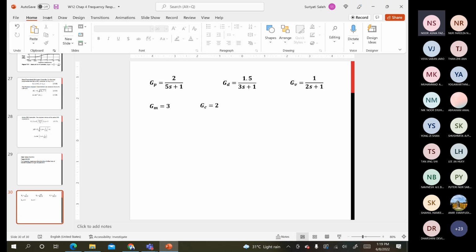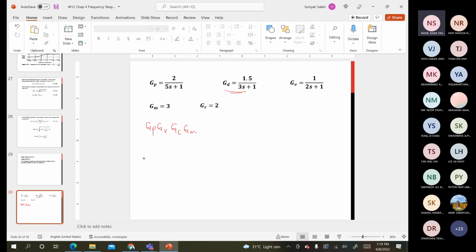When you have the closed loop, in this case, it represents the GP, the GV, the GC, and the GM. So this is the most common transfer function involved in the loop. Here you don't need the GD because the GD normally is outside the loop.